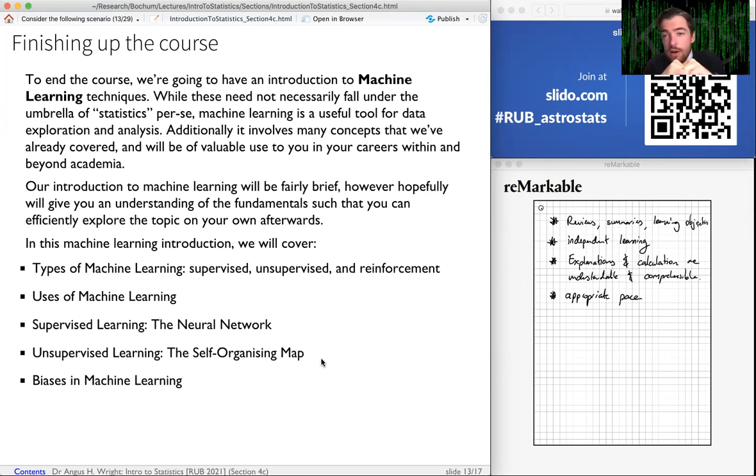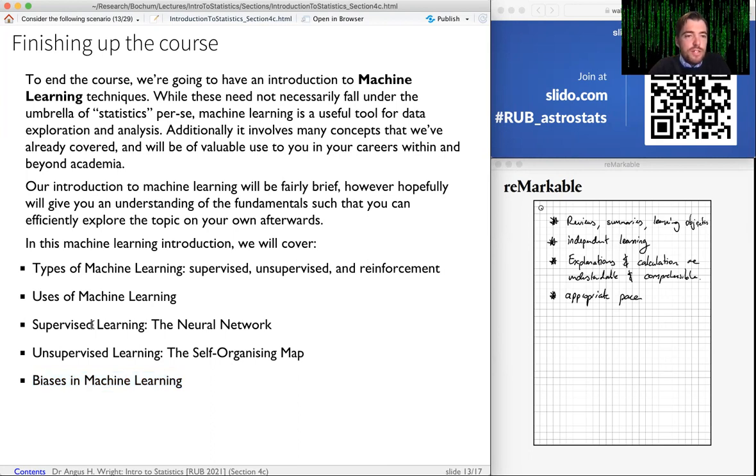I know that machine learning isn't technically a statistic, but I think that it does fold in under the umbrella of useful tools, and that you will definitely use machine learning programs at some point in your academic careers, so it makes sense for us to go through them. It's also important because this last point is related to statistics. Where these biases come from is very heavily related to statistics.